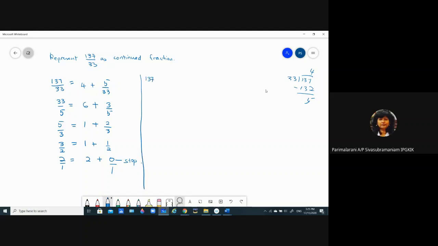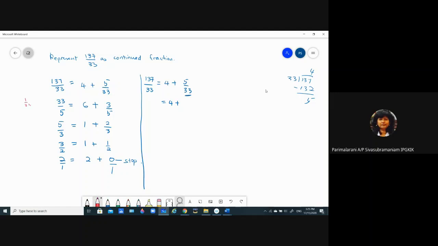137 over 33 is equal to 4 plus 5 over 33. But 4 plus 5 over 33 is also equivalent to, what is 5 over 33? 5 over 33 is 1 over 33 over 5, the same, right? This equals 5 over 33.